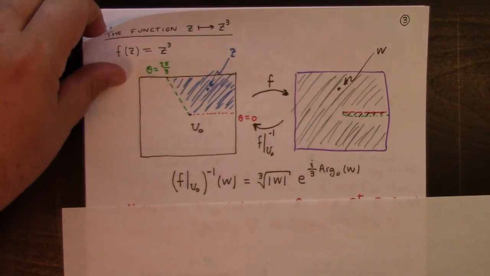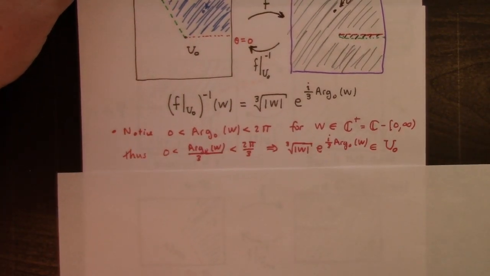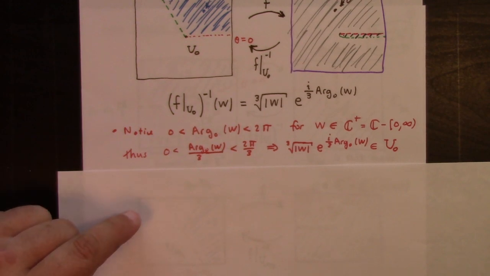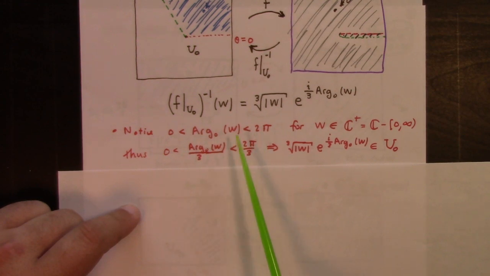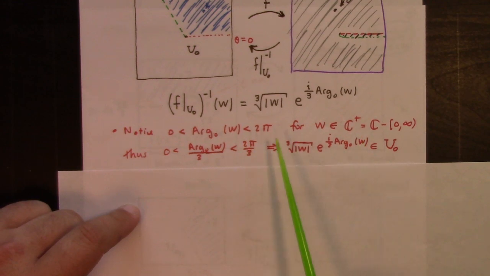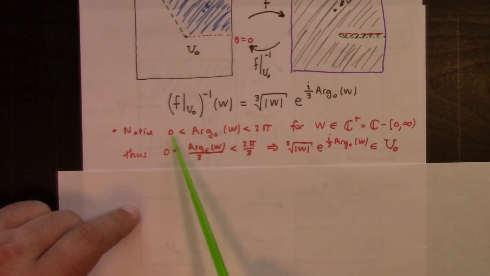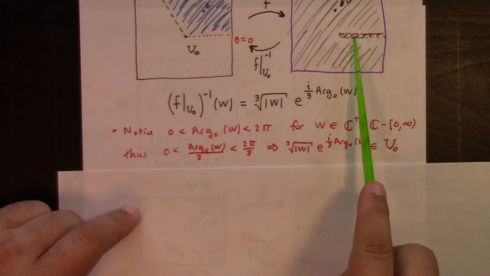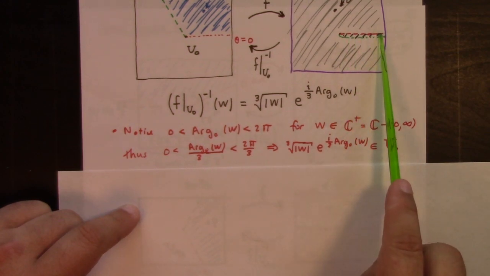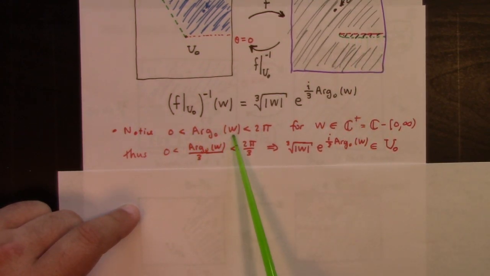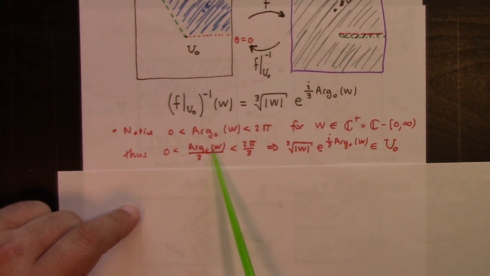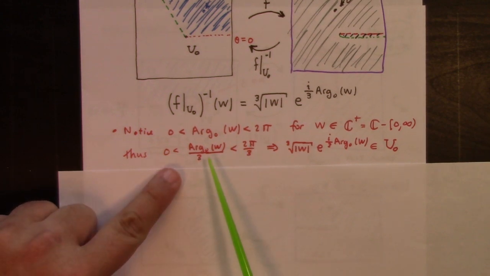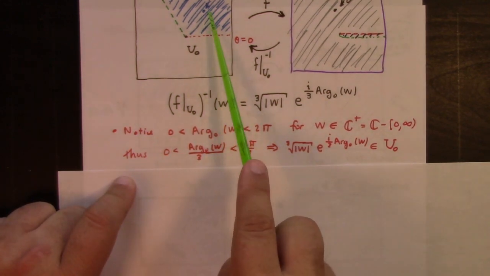So notice, a critical feature of this formula is that for the w over here, the angle is between 0 and 2 pi, as long as I use the arg sub naught. And even though arg naught of w could be 0 if we were feeding it the positive real axis, that's excluded, so that angle's not reached for arg naught of w. So long and short of it is that 0 is less than arg naught of w over 3, which is less than 2 pi over 3, which is to say that that kind of angle is precisely what we need for z.